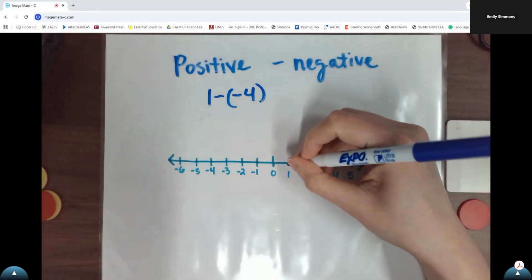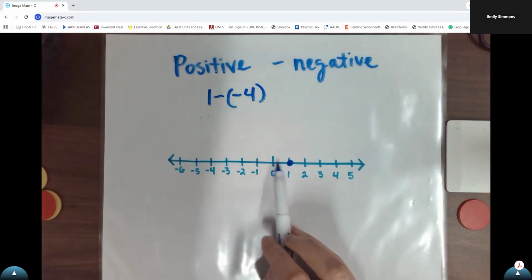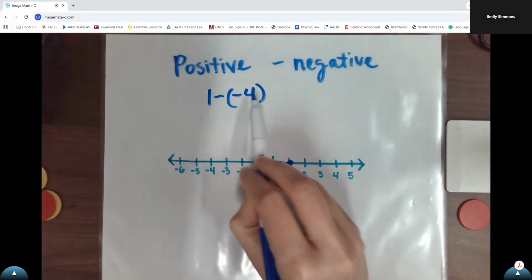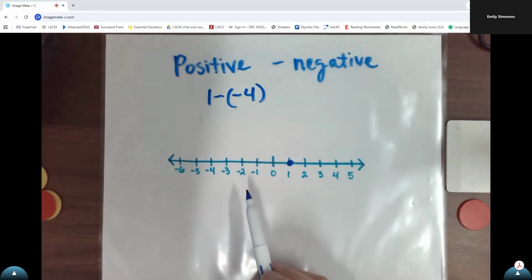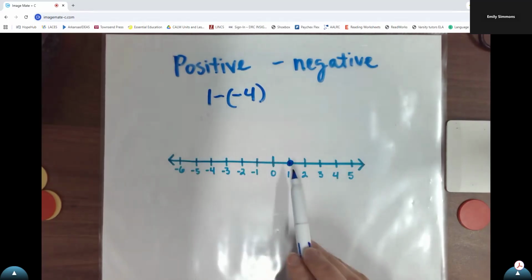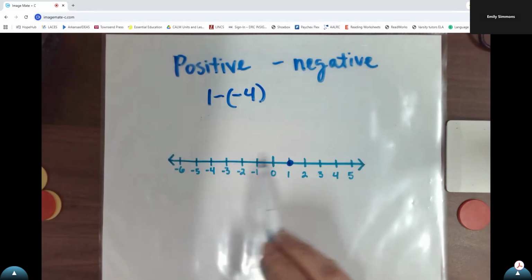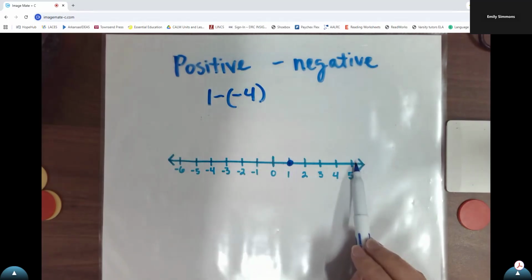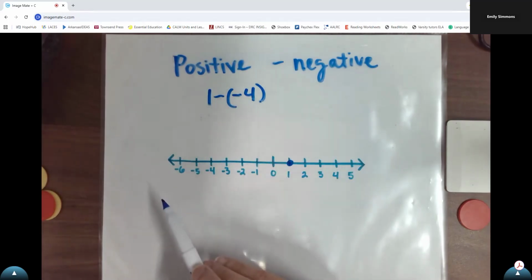We would start with our 1 just like before, and then when we were adding negative numbers, we would go to the left when our second number was negative. And when we're subtracting, we also go to the left. We can't go even more left, so going left and then going left again actually flips us going back the other direction. So we wind up going to the right when we have a minus and negative.